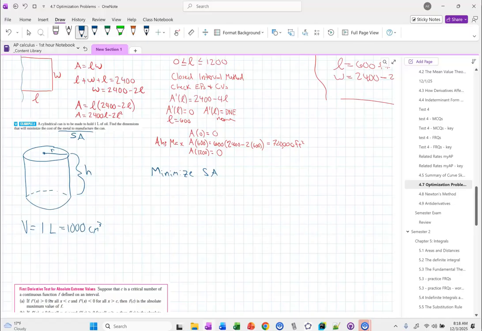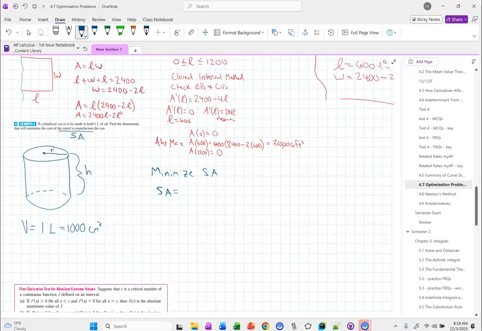Okay, guess what we're going to do next? We have to remember the surface area for a cylinder. If I unfold a cylinder, what are the 3 two-dimensional shapes that I get? I get 2 circles and a rectangle. Wonderful.